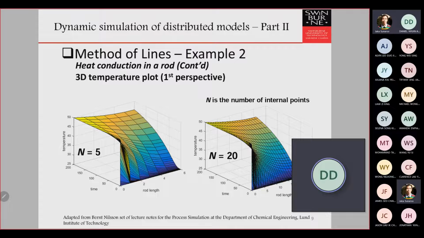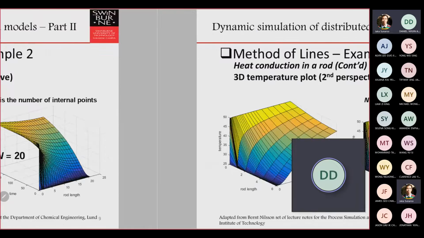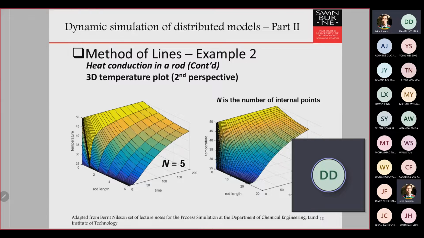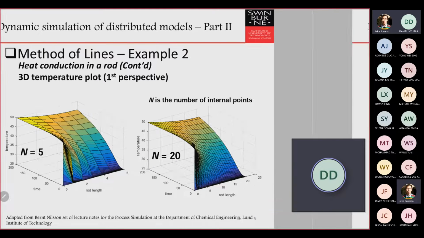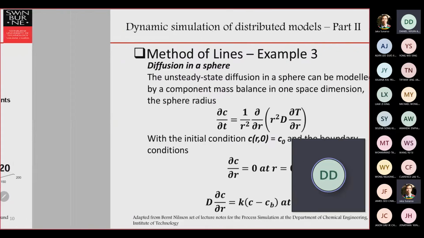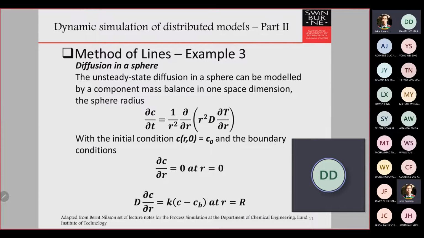These 3D plots are quite useful if we go into a problem that involves 2 different variables, for example, our independent variables in here, the time and the rod length. We can also plot it from a different perspective. For example, instead of putting the time and then the rod length, we put in the rod length first and then the time. That will be an example for that.